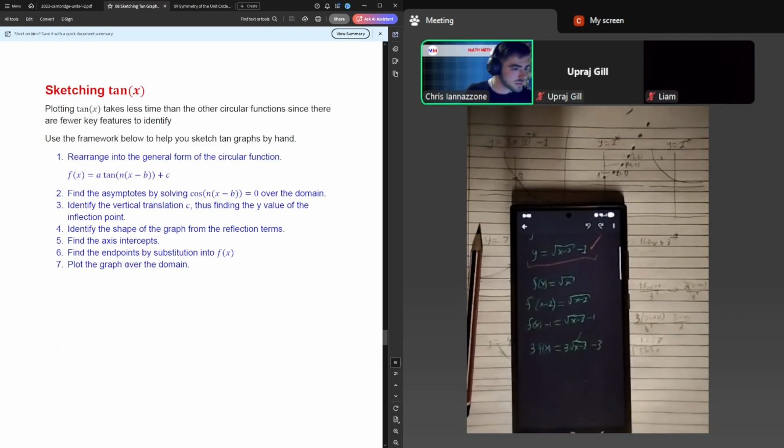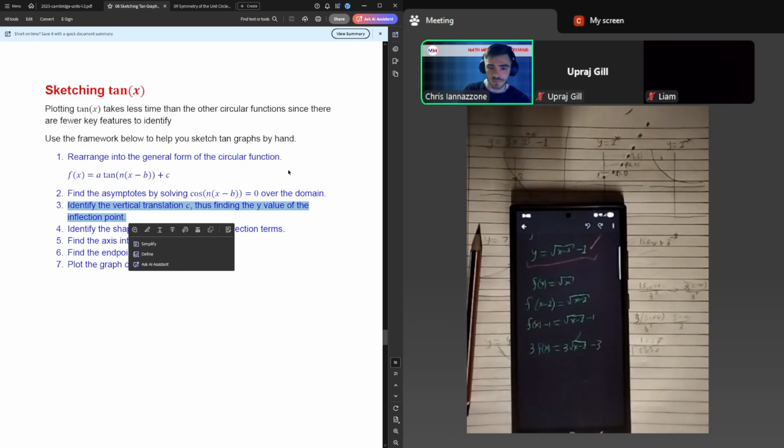We do a slight change to the framework where we start looking at the possibilities of reflection terms, and we want to know, roughly speaking, where to put our inflection point. It's not something you have to label, typically, unless the question tells you to.